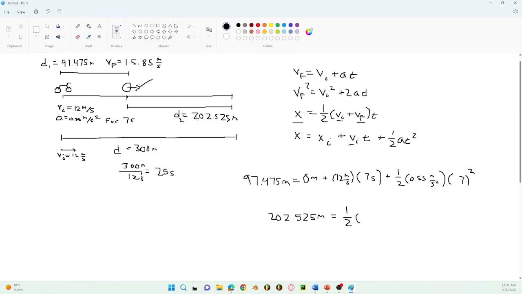It's the initial velocity at this point, 15.85 meters per second, times the time, plus the final velocity, which is the same, 15.85 meters per second, times the time it took them to do this.